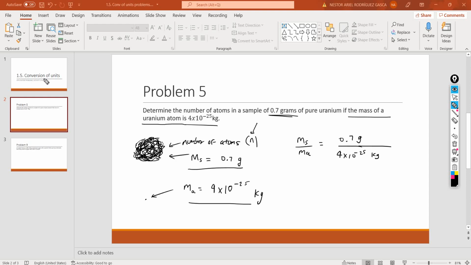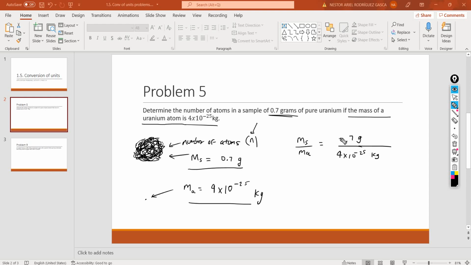That's why we need the concept of conversion of units. I need to convert either this quantity into kilograms, so that it matches this one, or vice versa. I need to convert this into grams so that it matches the other. Okay, which one is better? It doesn't make any difference.